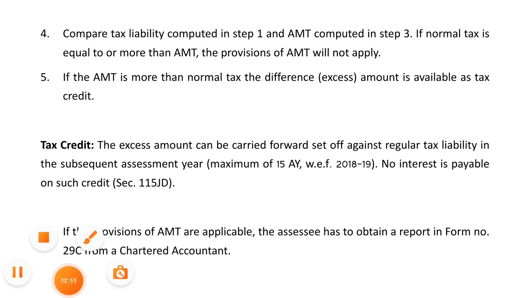As I told you, if the normal tax is more than alternate minimum tax, it is not applicable. You have to pay the normal tax only, because you have to pay the higher value. If the normal tax is more, you have to pay the normal tax. If the alternate minimum tax is more, you have to pay that, a simple thing.